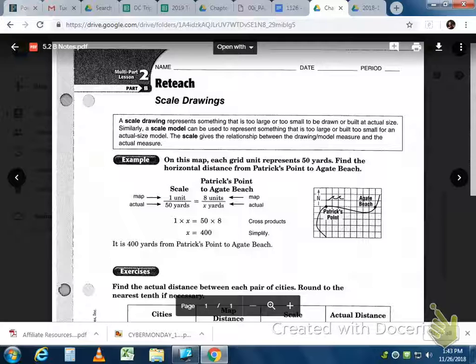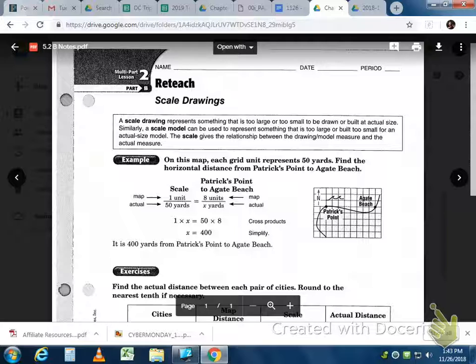A scale gives the relationship between the drawing or the model measure and the actual measure. A scale is something, if you read a map and it says 1 inch equals 50 miles, that's a scale. They tell you how the dimensions work. They say what it is in reality compared to what it is on that scale.